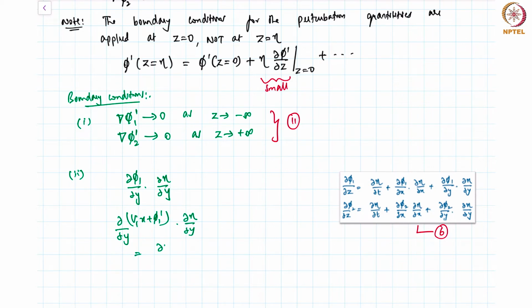And so this simply becomes del phi 1 prime by del y, del eta by del y. And this is a very small quantity, right?